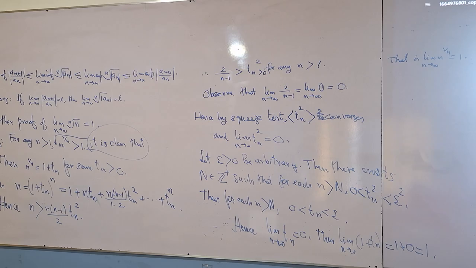But there is another test called the limit comparison test. We have the comparison test here. So let's write that and prove it. That's the only thing which came to my mind.